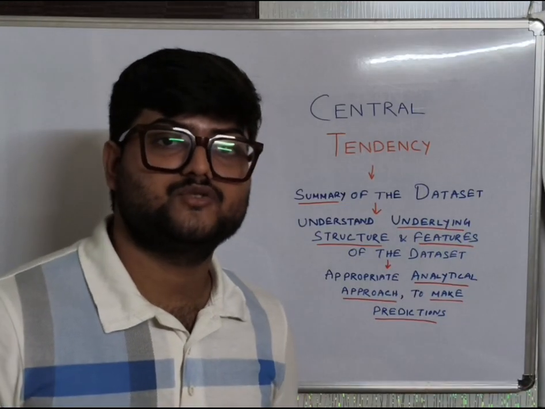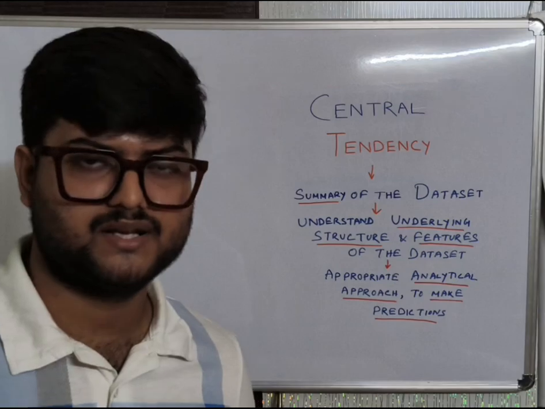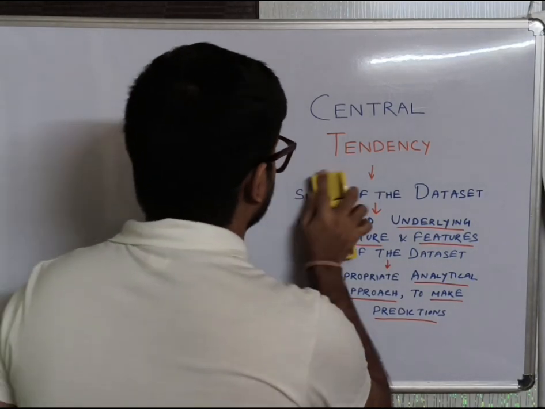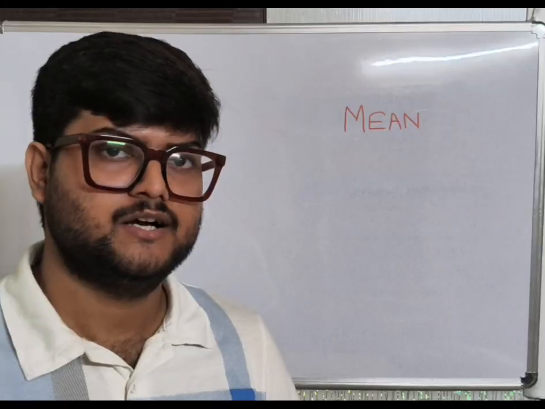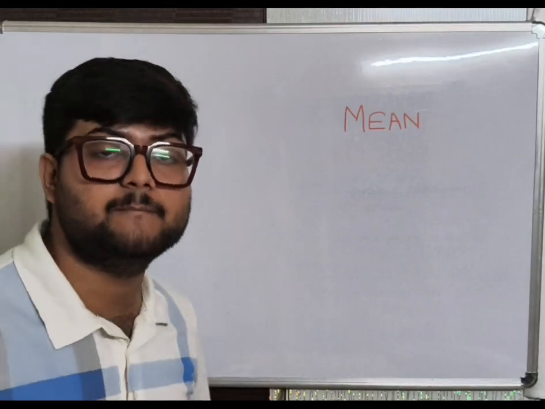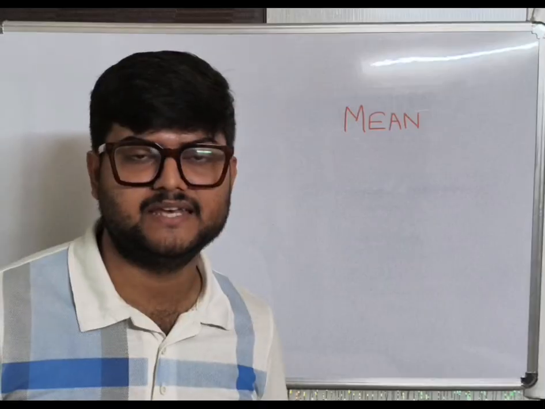Now that we have understood the central tendency, we'll understand mean, median, mode one by one. Mean is the most popular way of calculating the mid value of a data set. It is also called arithmetic mean.